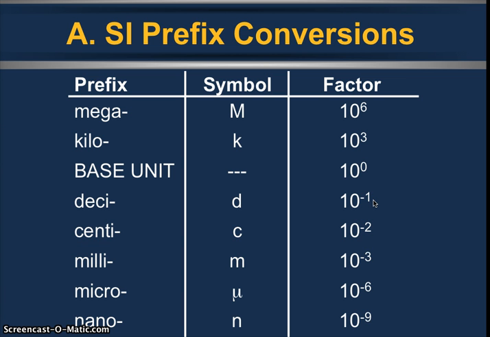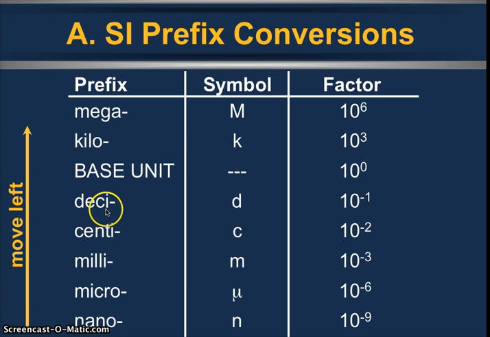The second question that we needed to ask ourselves is, which direction do we need to move the decimal? So let's go back to our first example of going from kilo to mega. If we're going from kilo to mega, we are going up the chart. When we go up the chart, we move the decimal left. Okay? And we would move it 3 minus 6 spaces, so 3 spaces to the left.